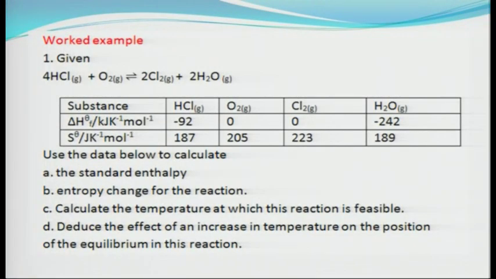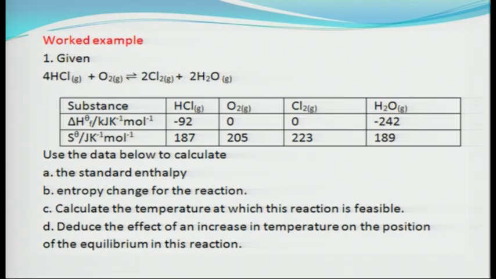He's saying that using the data below, hope you are following, calculate the standard enthalpy. If you look at our data, they have given us the standard enthalpies of formation.